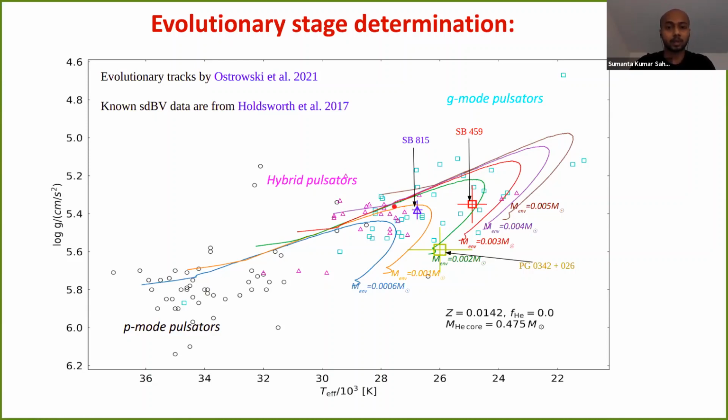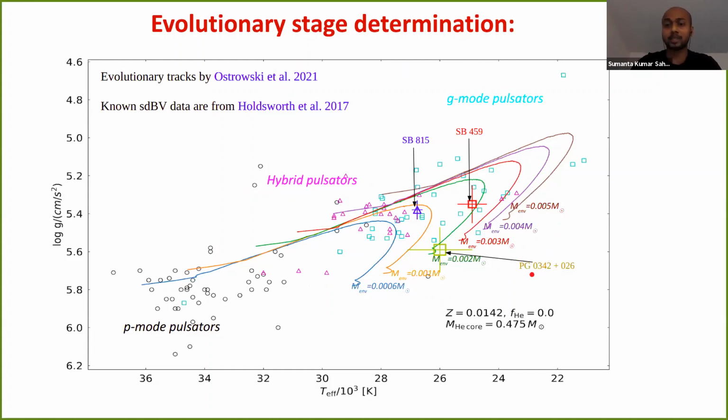Apart from the spectroscopic information, we plotted the evolutionary tracks prepared in the Jakub Ostrowski 2001 paper, where we plotted different evolutionary tracks with a range of envelope masses from 0.0006 to 0.005.